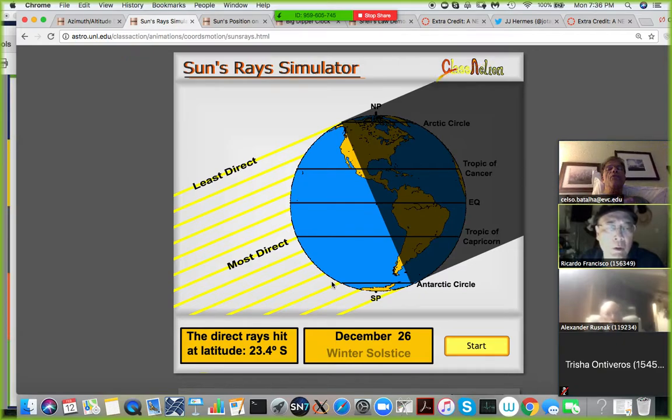This is one of the reasons why in the summer we feel hot, and in the winter we feel cold, right? The second reason is, as you can see in this simulation, the amount of hours the sun stays up above the horizon in the summertime is much larger than it is in the winter time.